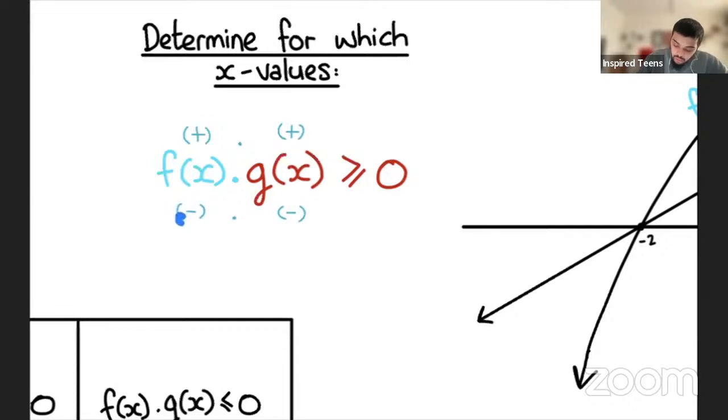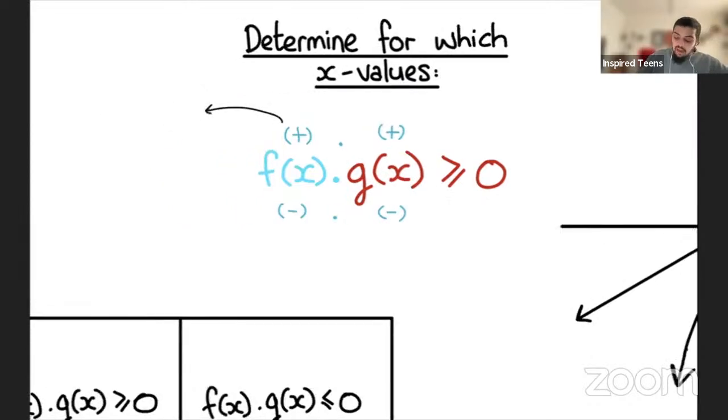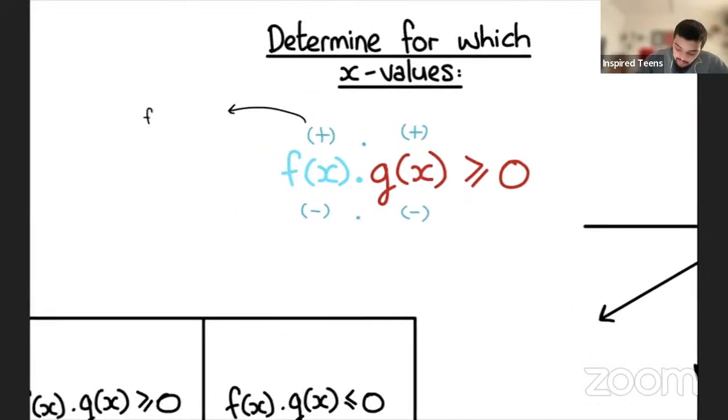Okay, now when we say f of x being positive, what does that mean? It basically means f of x being greater than 0. We went through it earlier, right? F of x being positive means that it's above the x-axis.